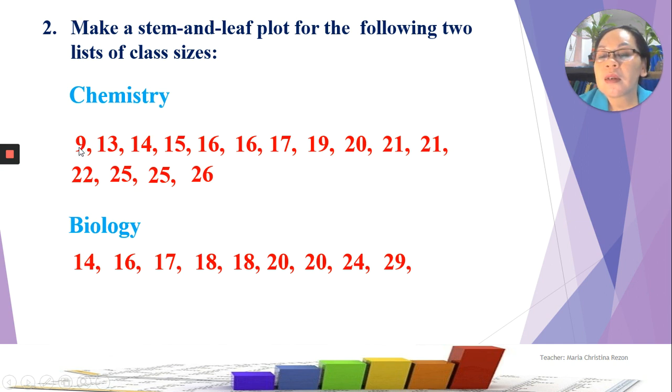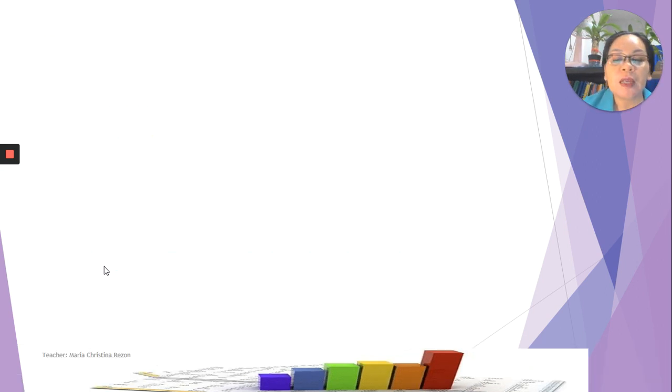And if you look at each of the data here, you only have single digit, and then you have two digit, and the place value here, the tens place, is 1 and 2 only. Same here with biology. So let's do our stem and leaf plot.